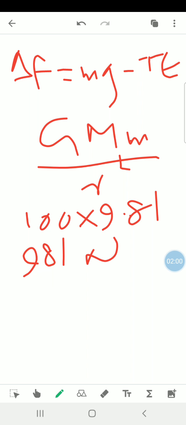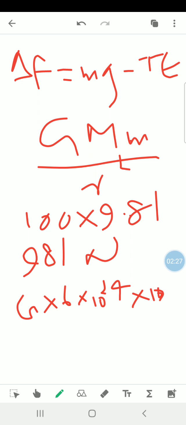Then G capital M simple m. G, the capital M, mass of the Earth. I will leave G as it is. You know the value of that, 6.67 times 10 to the power minus 11. Then mass of the Earth is 6 times 10 to the power 24, multiplied by the mass of this lady, 100 kilograms with the backpack.